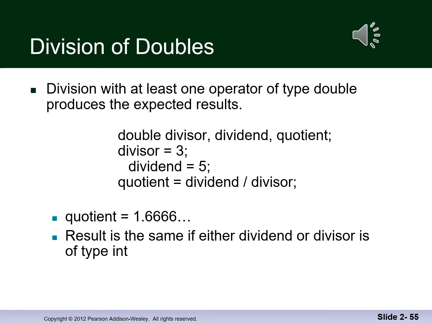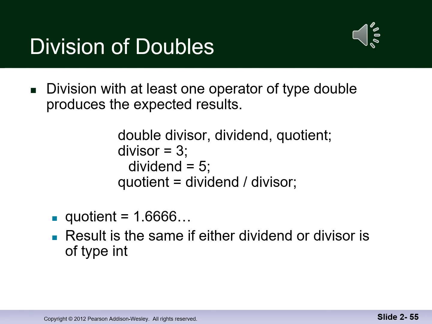This slide explores division of doubles. Division with at least one operand which is a double produces the expected results. Here's an example. We declare 3 doubles: divisor, dividend, and quotient. Divisor equals 3, dividend equals 5, quotient equals dividend divided by divisor.